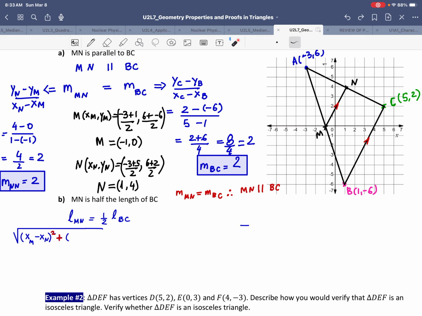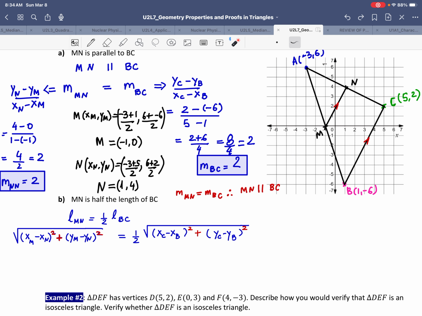And then plus y at M minus y at N raised to the power of 2. And we want to prove that this is going to be equal to 1/2 the length of BC, which is the square root of x at C minus x at B, close brackets, to the power of 2, plus y at C minus y at B raised to the power of 2.